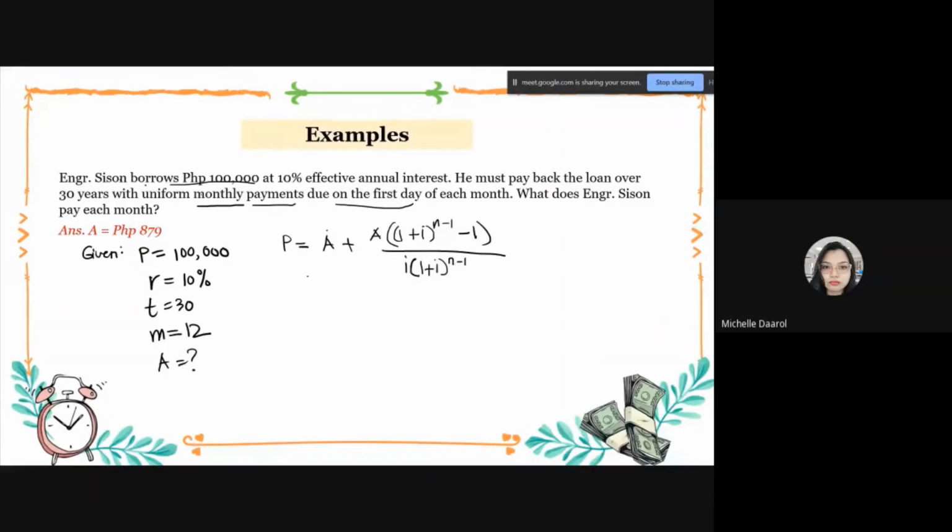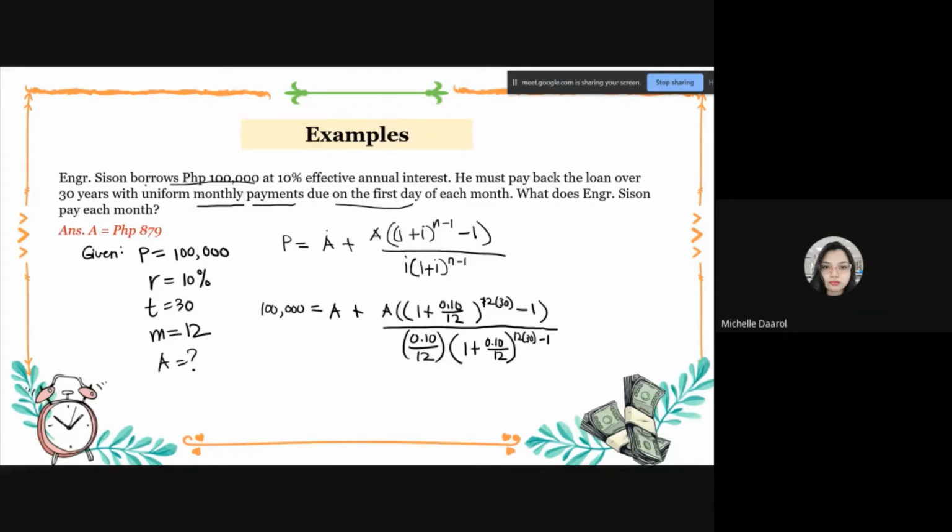Substituting, 100,000 equals A, which is unknown, plus A times 1 plus i, where i here is 0.10 over 12, raised to n. n is 30 times 12, minus 1, over i, 0.10 over 12, multiplied by 1 plus 0.10 over 12 raised to 12 times 30 minus 1.